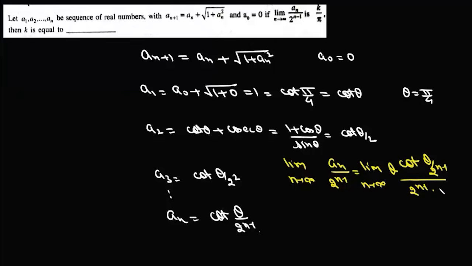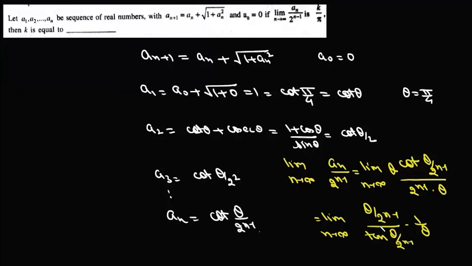We'll multiply it with theta and divide it with theta. So we can write this as the limit as n tends to infinity of theta upon 2 to the power n minus 1 upon tan of theta upon 2 to the power of n minus 1, into 1 by theta.